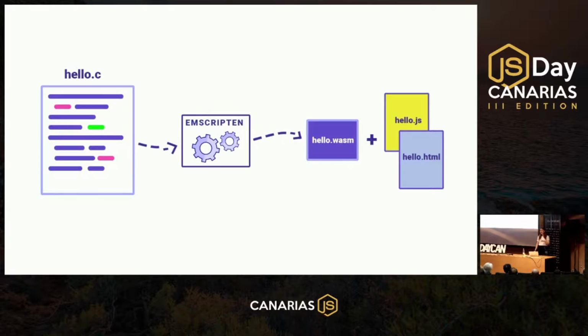Now, to work with any of these, even to display the output of your program on a web page, WebAssembly has to go through JavaScript. So Emscripten will generate this boilerplate code in a JavaScript file, and then in HTML file, you load this JavaScript bundle and output your program in a text area or a canvas element.